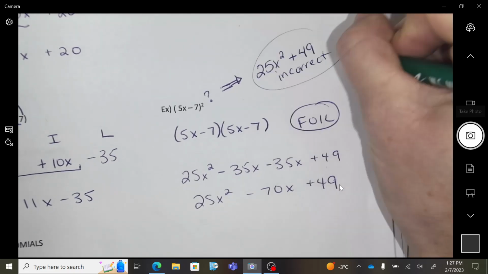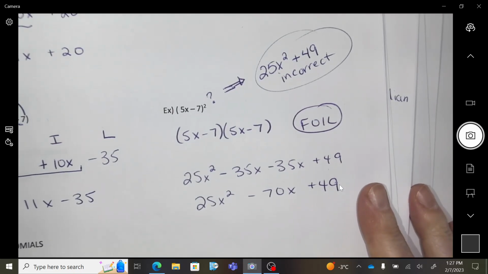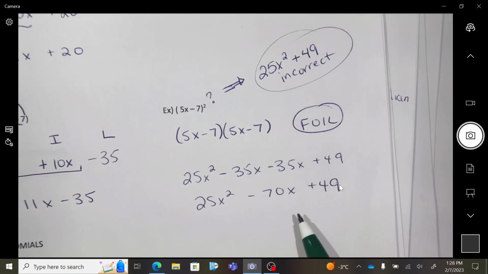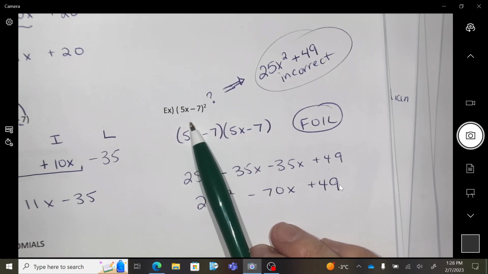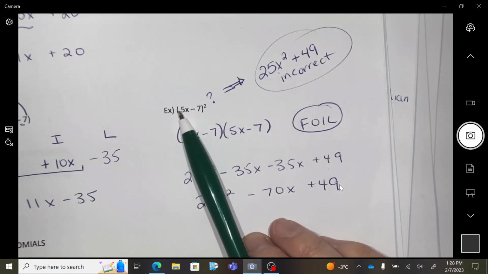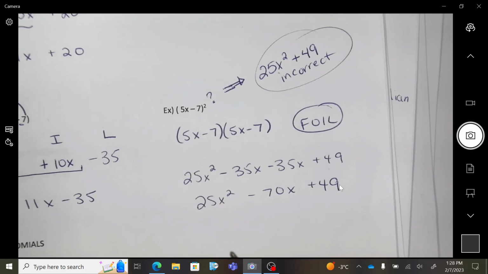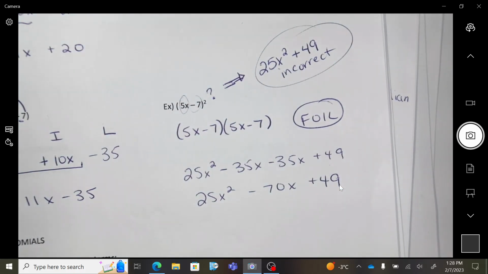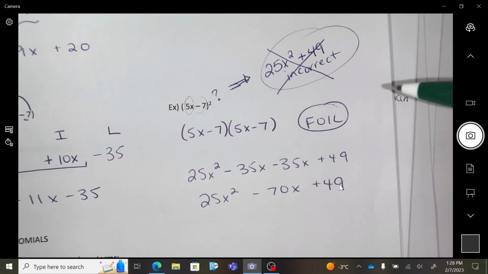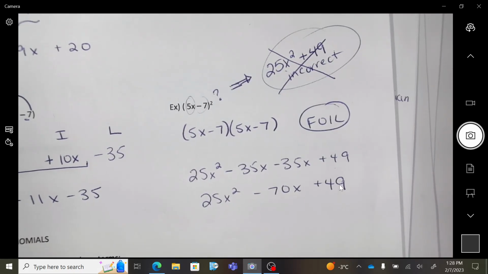Do you know what this person did that was incorrect? They cancelled out both the minus 35x. They thought it was a plus of 100. What they would have thought in their head is, I'm just going to square this term and square this term separately. That's what they did. They didn't square it as a unit. Does that make sense differently? You're squaring it as a unit. Okay, that's a very common misunderstanding.